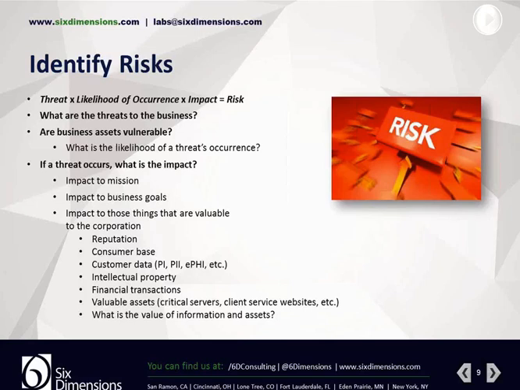But if there's no impact to a particular threat being realized, then your risk isn't necessarily that great. So 3 variables to this formula: threat, likelihood of occurrence, and impact will determine the level of risk to a particular organization for a particular threat.